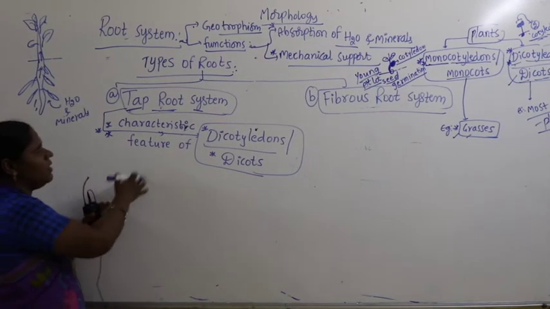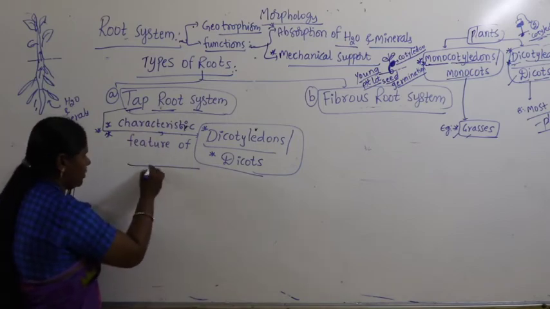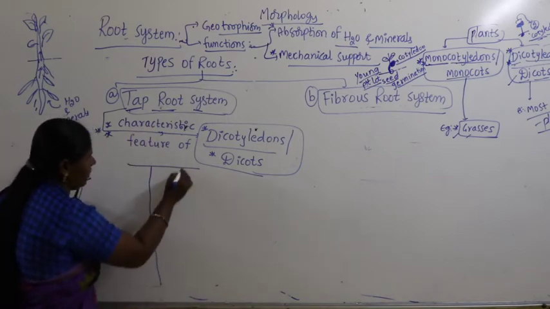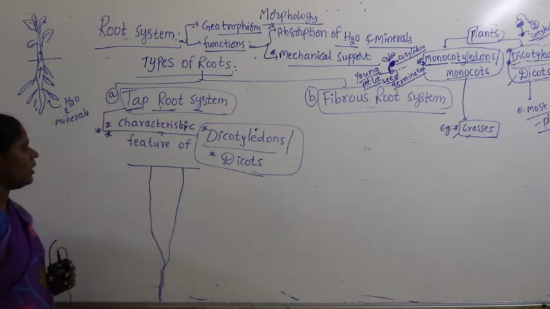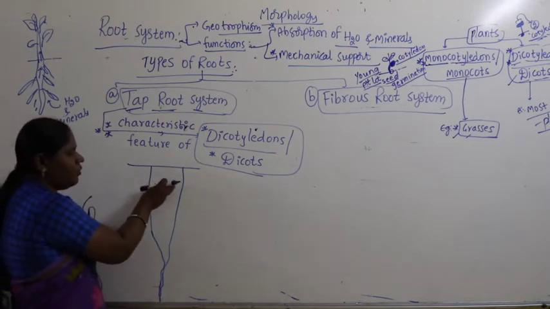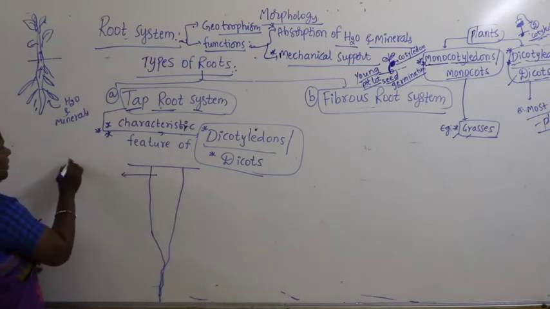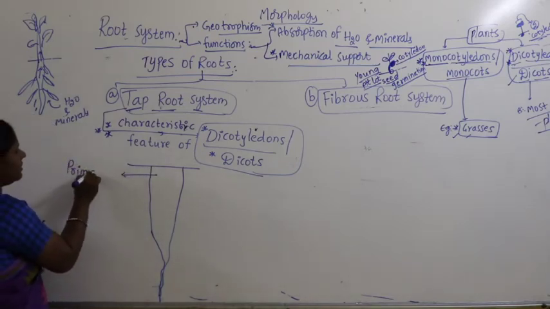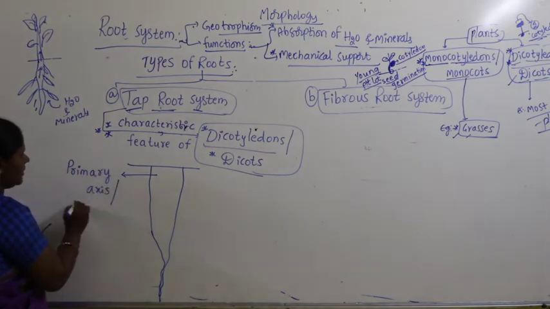Now let us see what the taproot system is. I am drawing the root. If you observe, in some cases you find a centermost woody thick root. This is called the primary axis, or it is also called the mother axis.